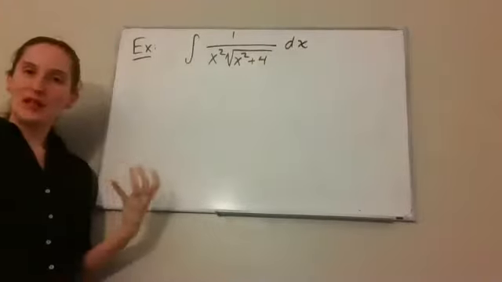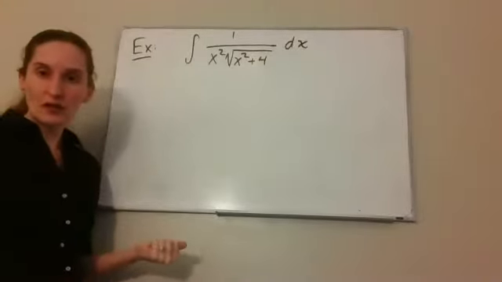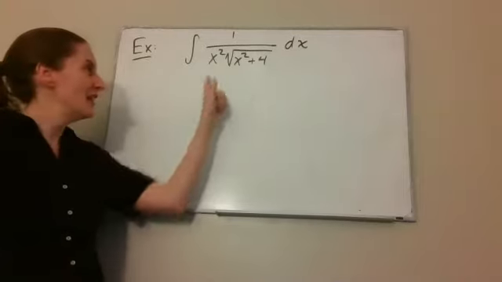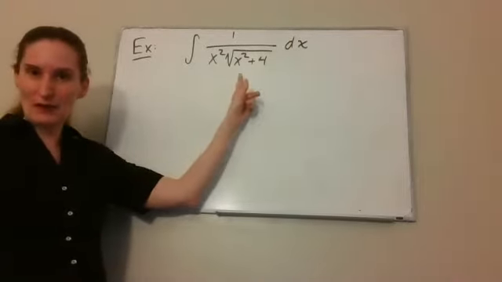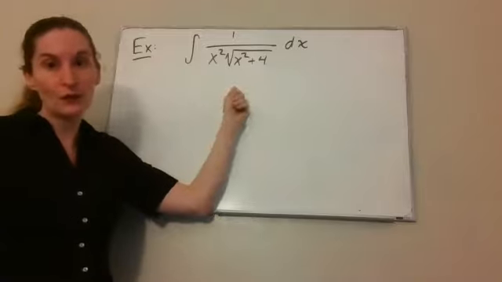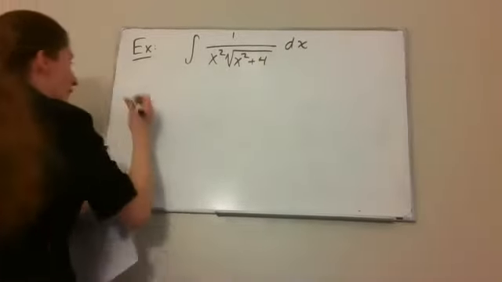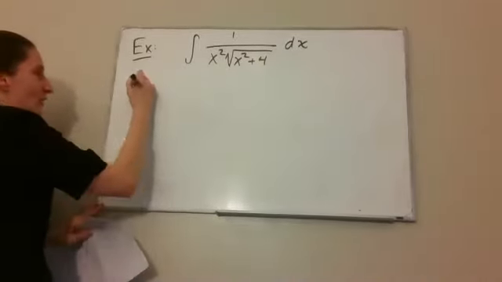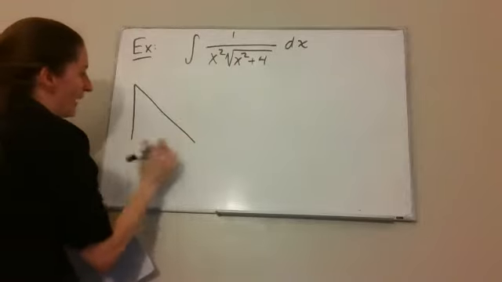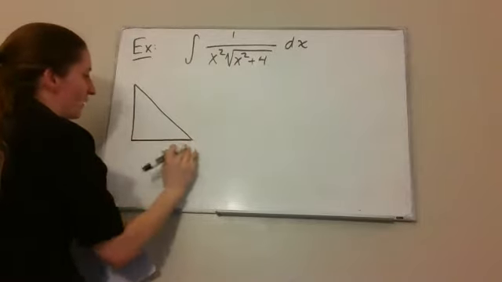And again, the big clue that we want to use a trigonometric substitution is this square root term. I have a square root of a sum of squares. So I know I can write a triangle that satisfies the Pythagorean theorem and matches the info in this integral.